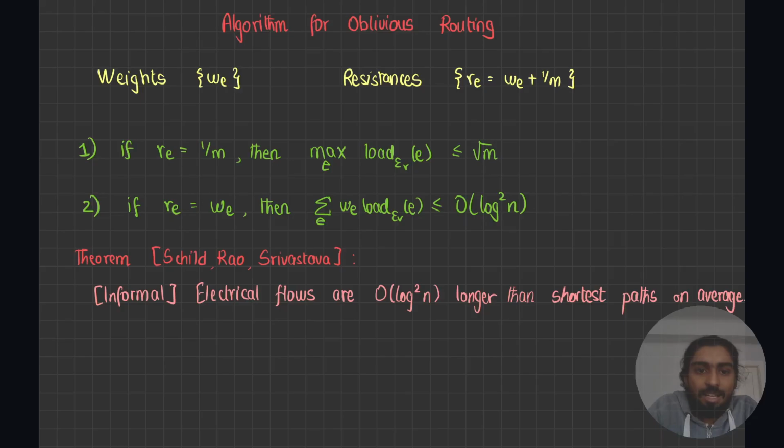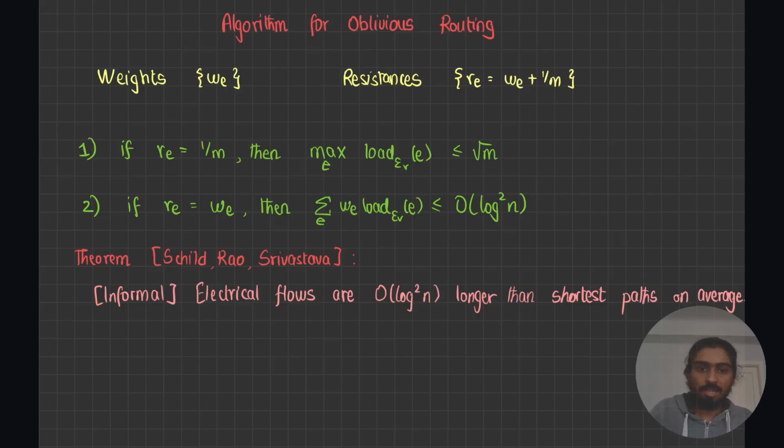And for the second part, if you set the resistances to be exactly the weights for which you want low average load, then there's a theorem by Schild, Rao and Srivastava, which says that, just as we used low average stretch spanning trees before, the stretch of electrical flows is low.